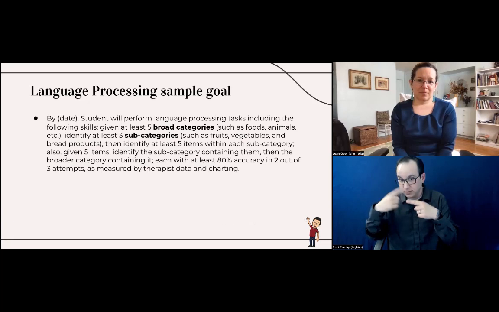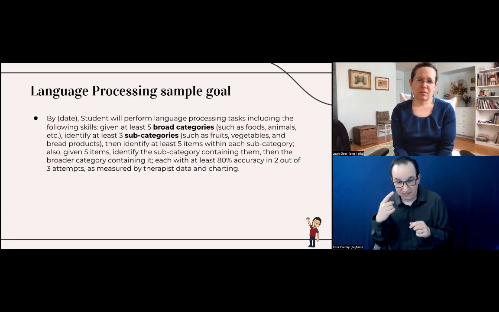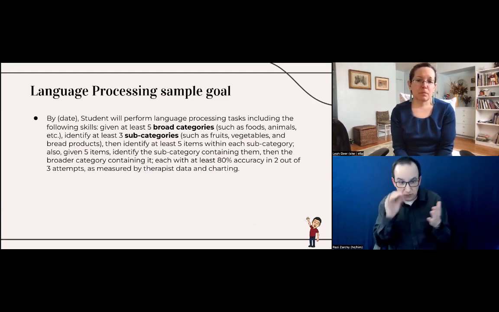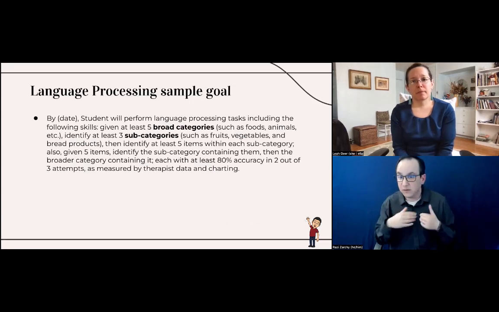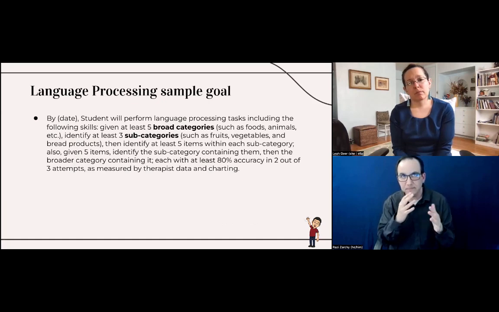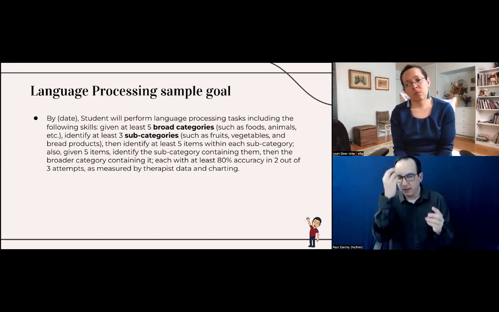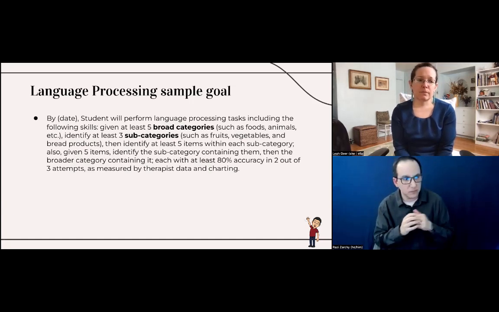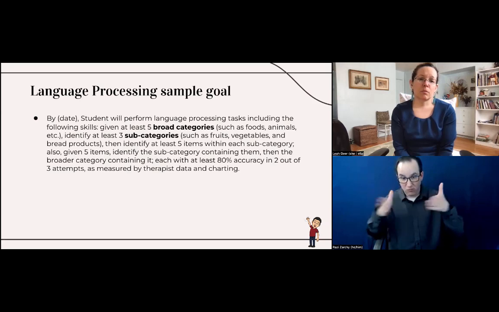So I did already talk about the language processing assessment, and I think that can be very informative of how we set goals for students, this being one of them. If you have a student who isn't able to organize a lot of their thoughts, and they have a hard time processing language.